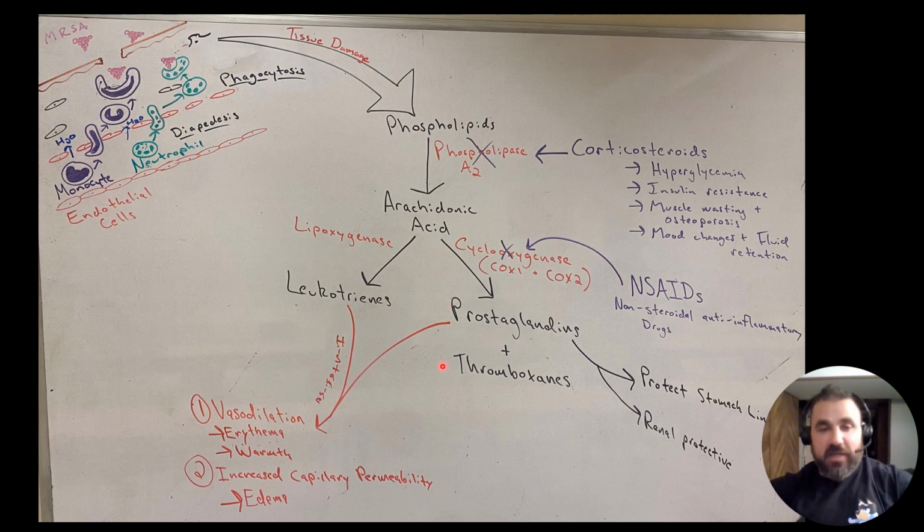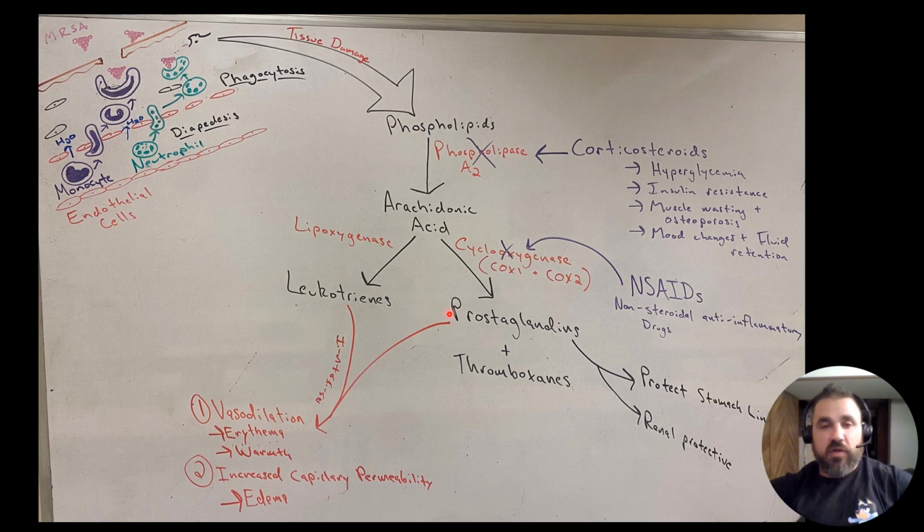What does that have to do with inflammation? We rip these phospholipids from the membrane, break them down into arachidonic acid, and this can be turned into leukotrienes, prostaglandins, and thromboxanes. Why would tissue damage lead to this? What are we getting at?